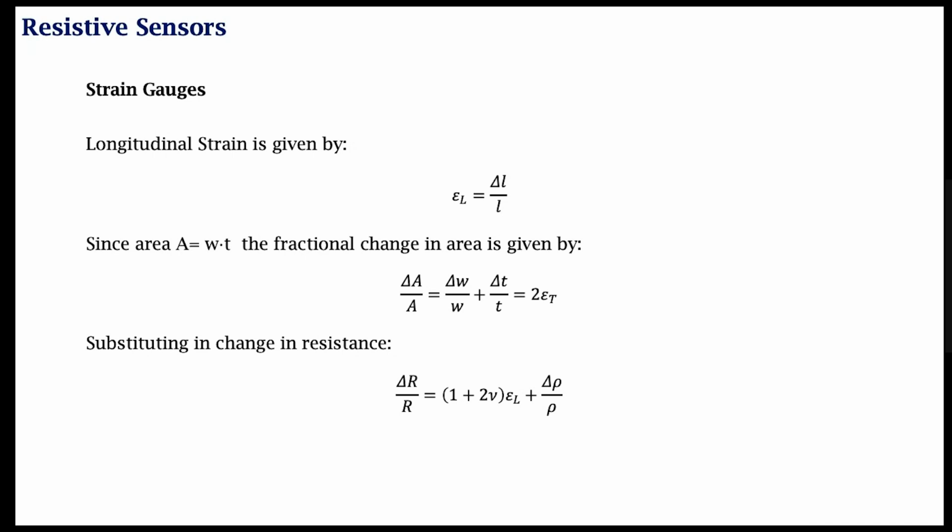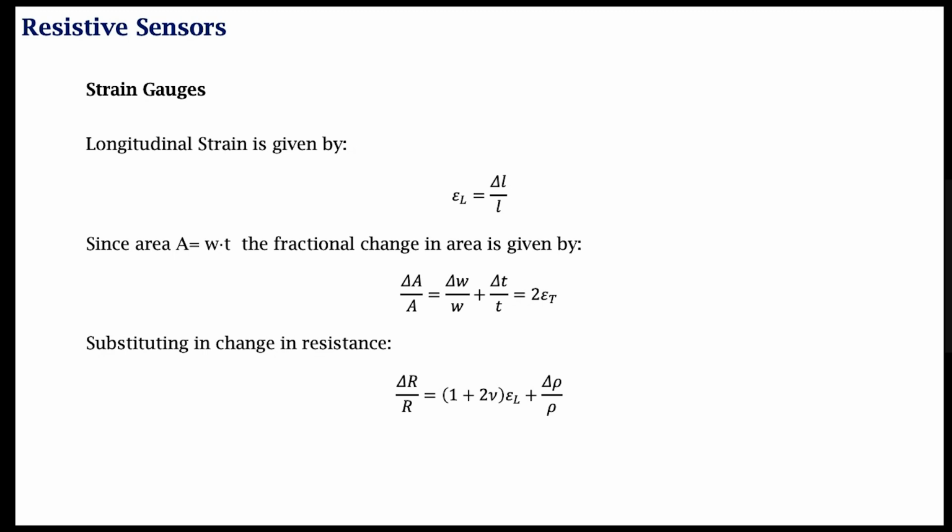And since area is a function of the width and the thickness, the change in the area is essentially a function of the change in the width and the thickness itself. And this is essentially 2 times the strain.